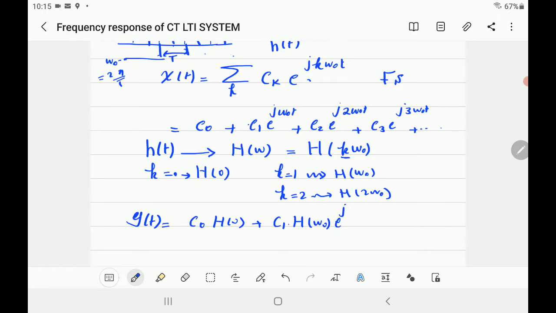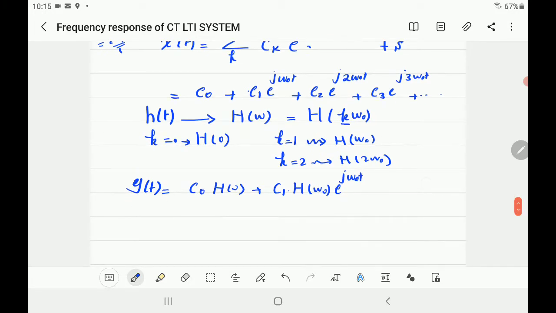Let's take another one: C2 H of 2 omega naught e to the j 2 omega naught t. The third one: C3 H of 3 omega naught e to the j 3 omega naught t, and you can continue. So that will be your output.